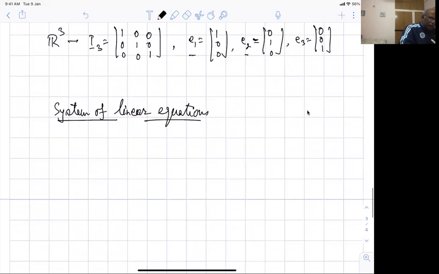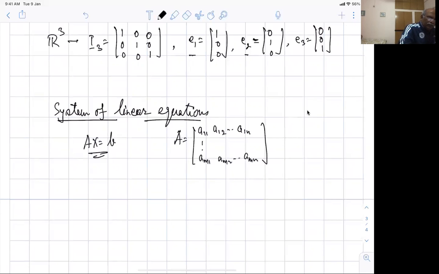My system that I'm going to look at, we generally write it as Ax equal to b, where A is going to look like a11, a12, a1n, down to am1, am2, amn. x is going to look like the unknowns x1, x2, xn, and the b vector is going to look like b1, b2.